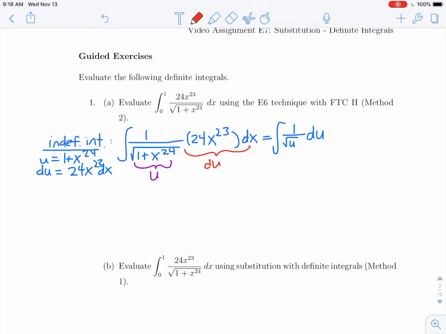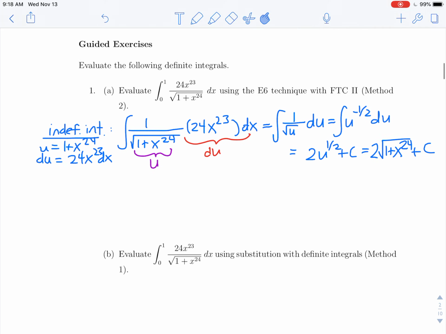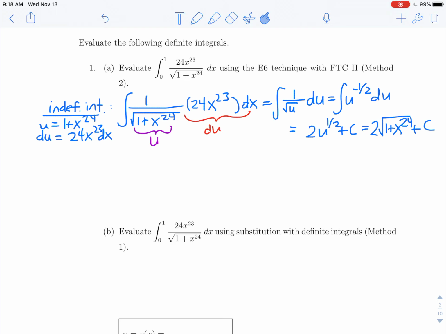And so I make the substitution. So I'm doing the indefinite integral of u to the negative 1/2 du, which is 2u to the positive 1/2 plus c, which is 2 square root 1 plus x to the 24th, and then plus c. So that's the answer for the indefinite integral with the same integrand.